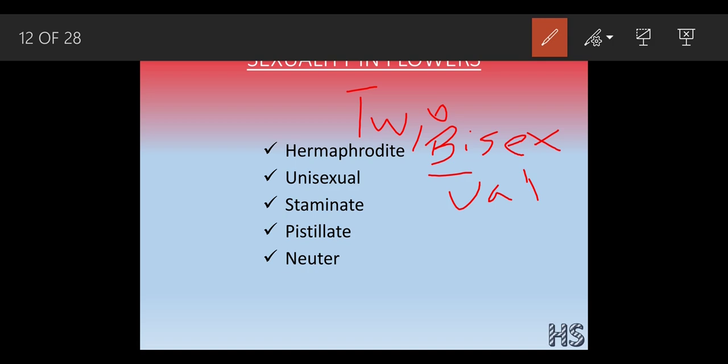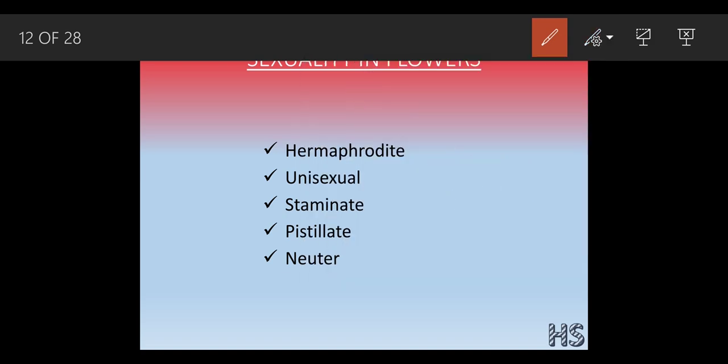Now moving to the next part, the unisexual. The word unicycle means a single tire. The word unisexual means single sexual. It can be a male or it can be a female.